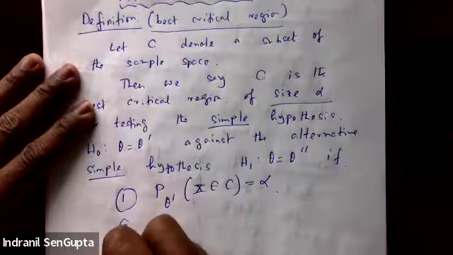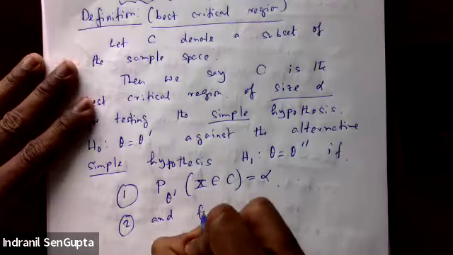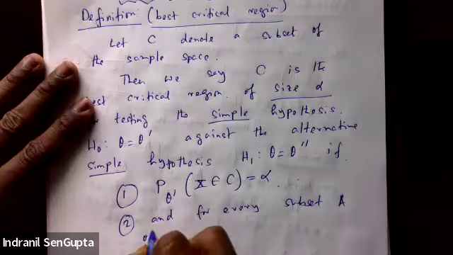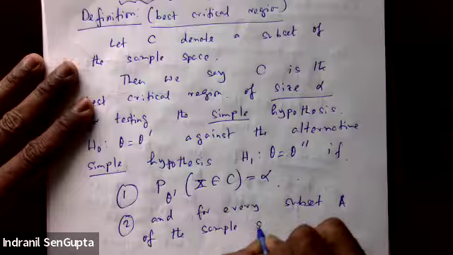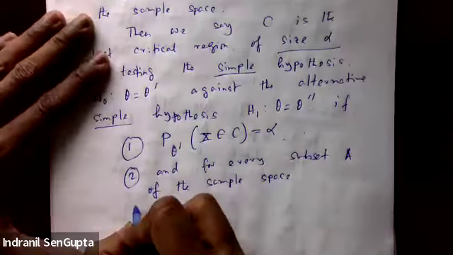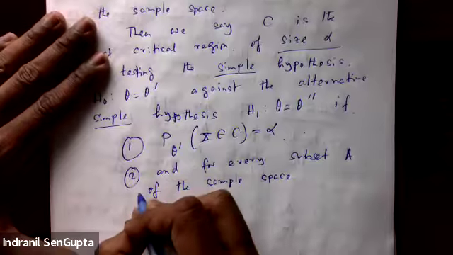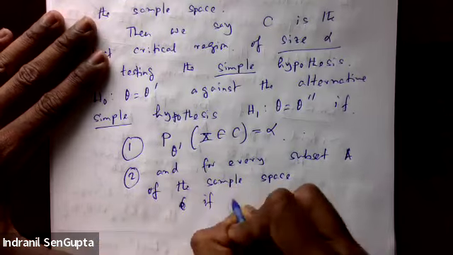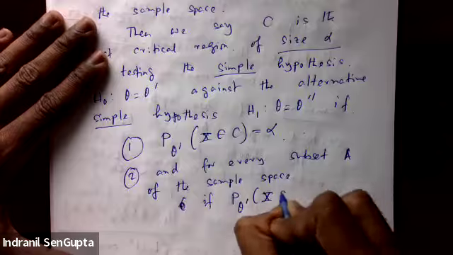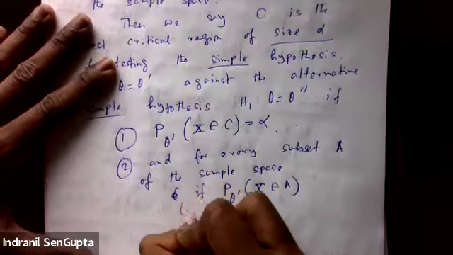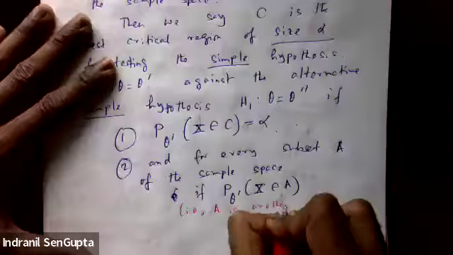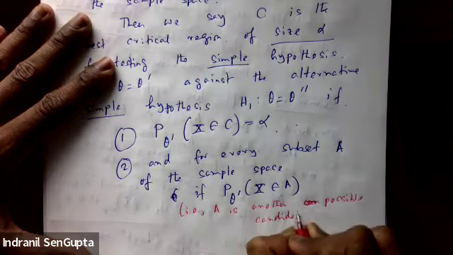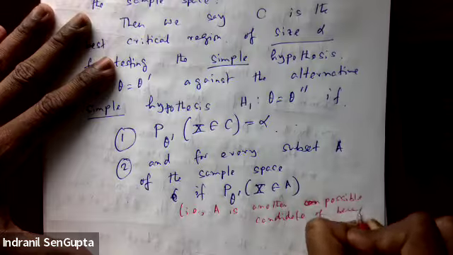But the second one is, for every subset A of the sample space, I must have, if under theta prime the probability of X in A equals alpha, so that A is another possible candidate of being the best.